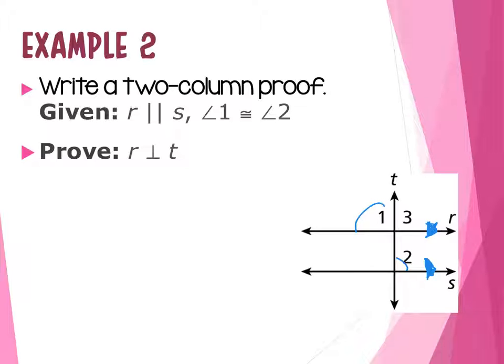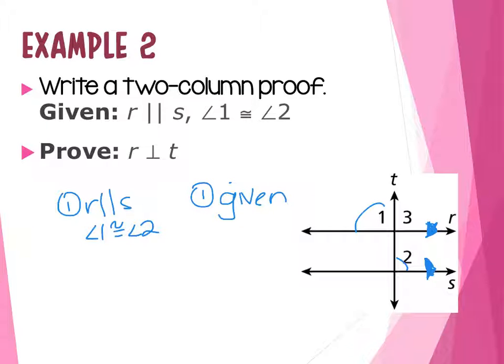Okay, so now let's think about how we could write that out. The first thing I would write out is what? The given. So R is parallel to S, and angle 1 is congruent to angle 2. I'm going to say that's given. Then, if those lines are parallel, what can we determine?